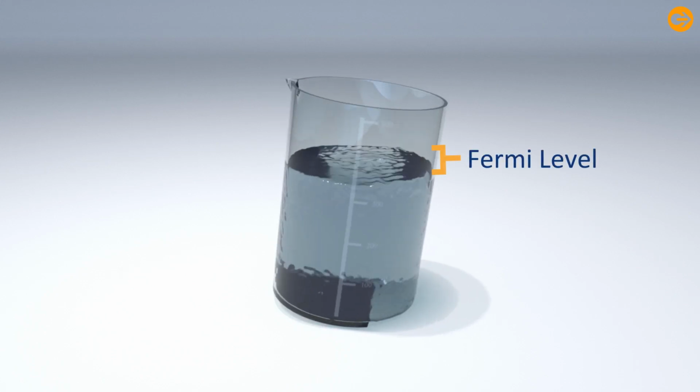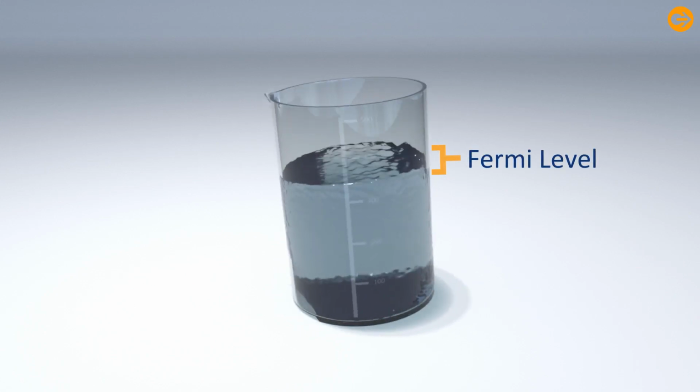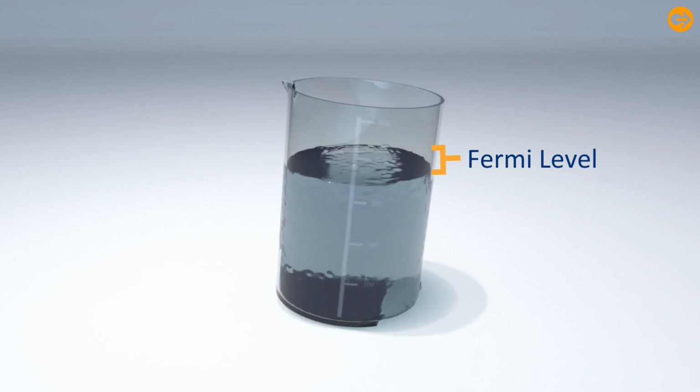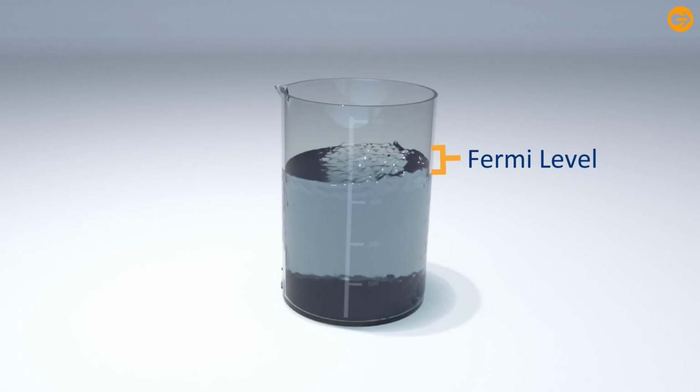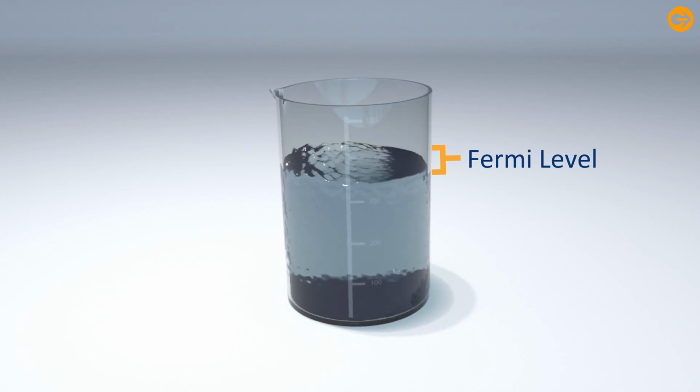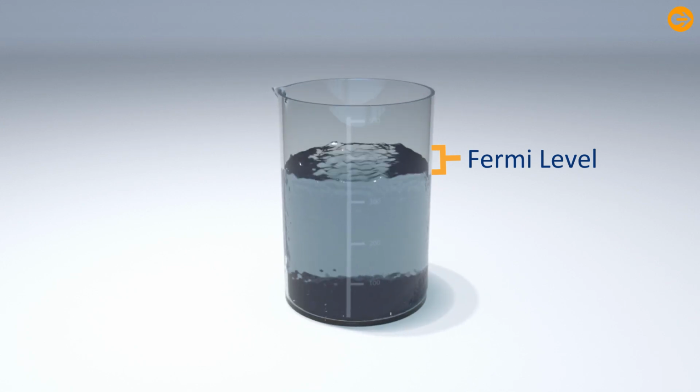The water level at a stable position in a beaker can be compared with the Fermi level at the absolute zero temperature. The top of the water level is compared with the Fermi level. Water below the top level is compared with states full of electrons, and above the water level is compared with the vacant states.